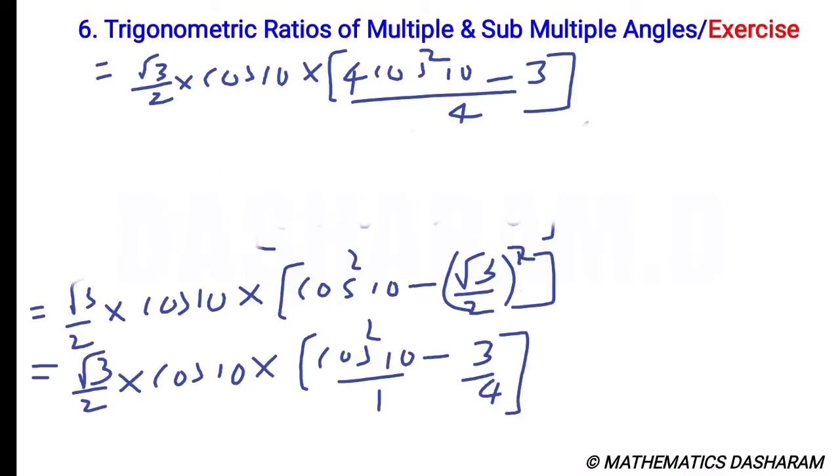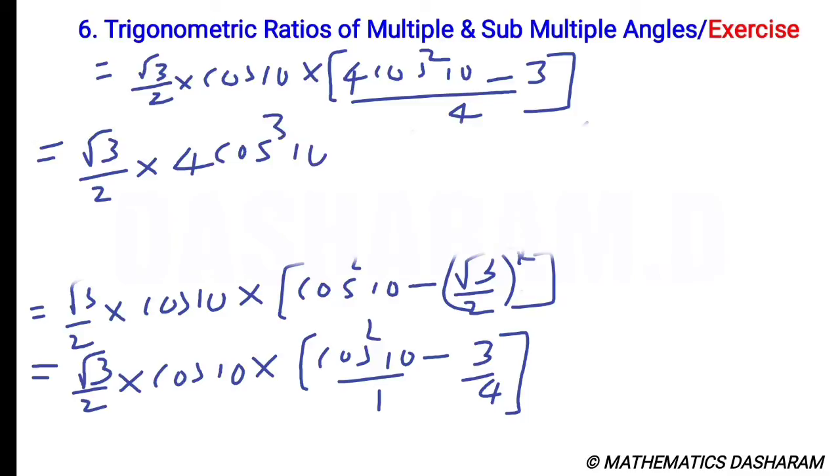So now root 3 by 2 into cos 10 multiplied inside, so 4 cos cube 10 minus 3 cos 10 divided by 4.